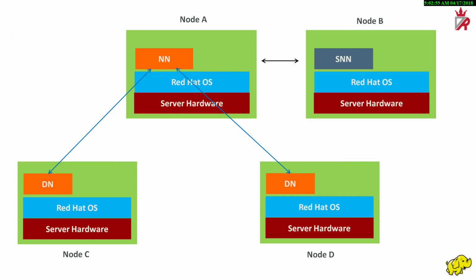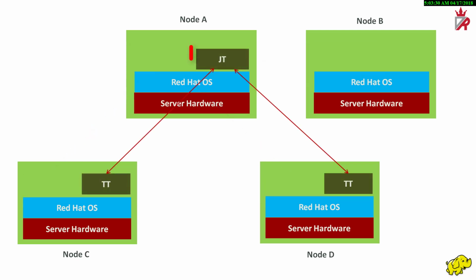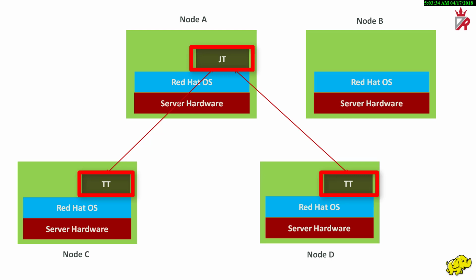Out of the list of Hadoop processes we just mentioned, name node, secondary name node, and data nodes are the processes related to Hadoop's distributed storage framework and assist in distributed data storage in Hadoop's HDFS. Whereas job tracker and task trackers are the processes related to Hadoop's distributed processing framework and assist in distributed processing of the data stored in HDFS.